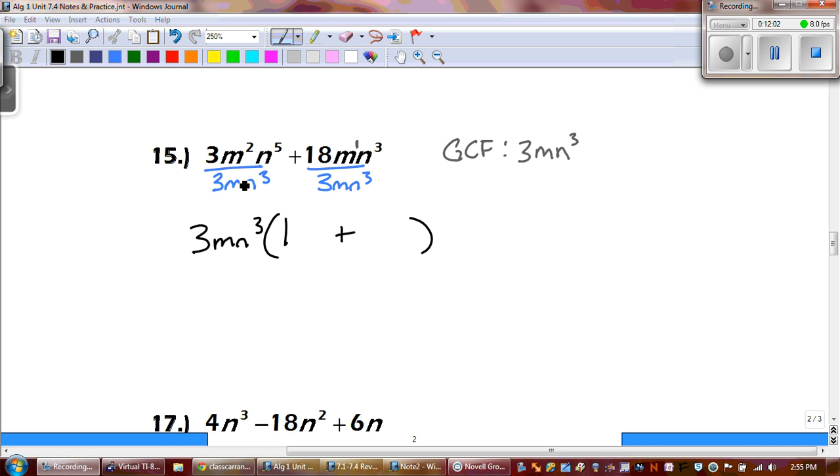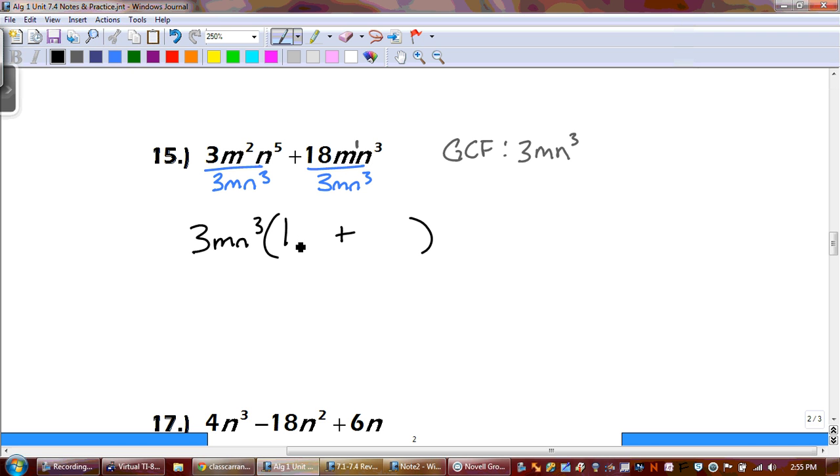M squared divided by m is just m. And then n to the 5th divided by n cubed. Remember, we subtract, and that's where we get n squared from. Okay? Now, 18 divided by 3 is 6. M divided by m, well, those cancel. And n cubed divided by n cubed, those cancel.